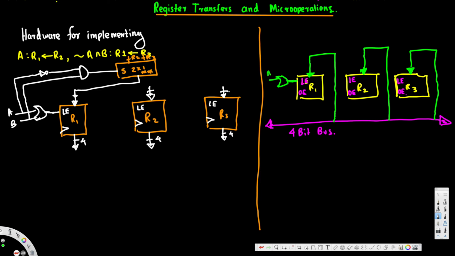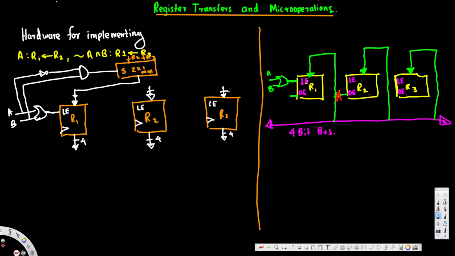That is A, B, OR gate connected right here, and here in this expression we have A, so this one connected with A, R2 is connected with A, and we have a NOT gate, like an AND gate, A NOT and B.